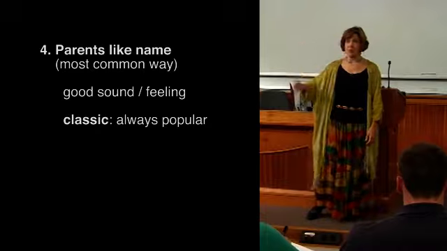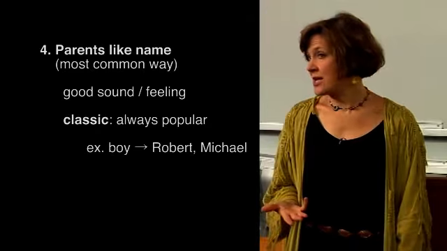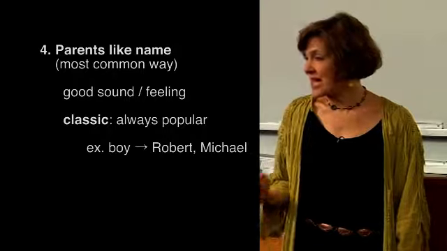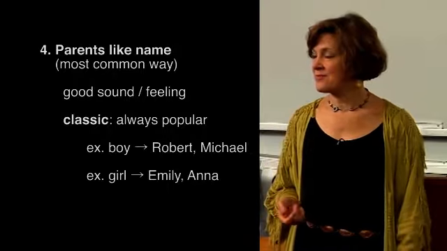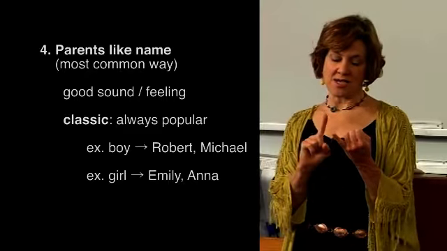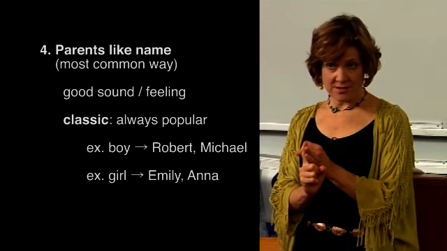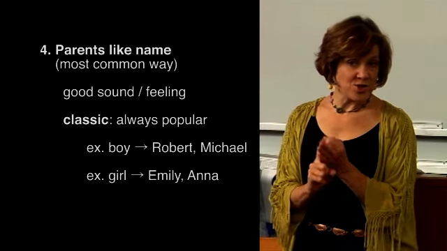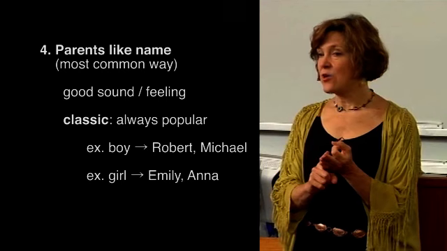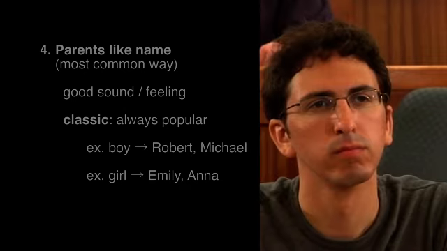Examples of classic boys' names are Robert and Michael. For girls, Emily and Anna are a couple of classic examples. To summarize, parents choose names either based on custom, or after someone they admire, or to help their child socially, or the most common way, because they like it.